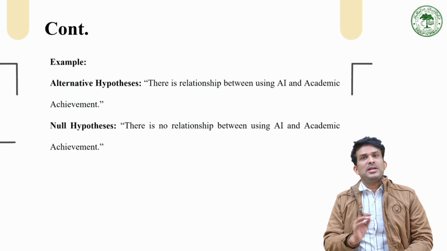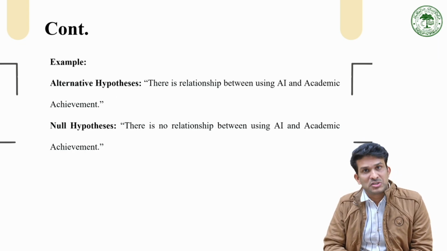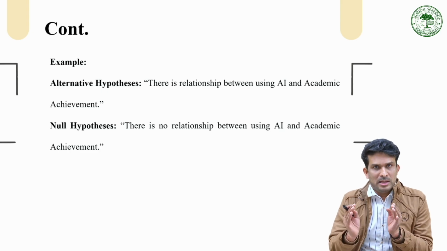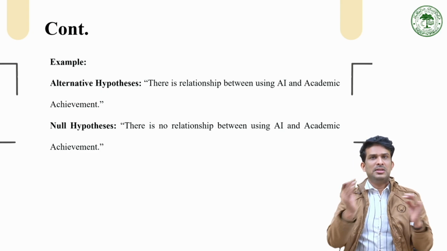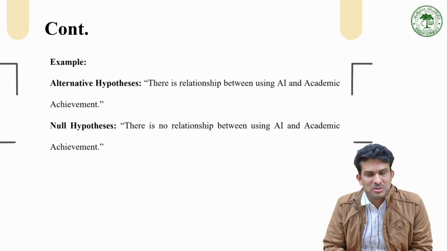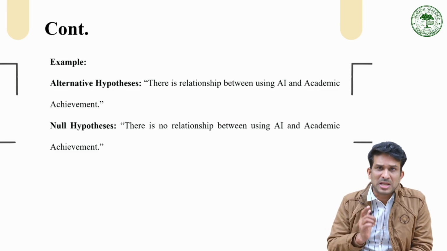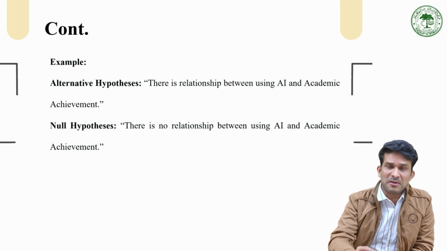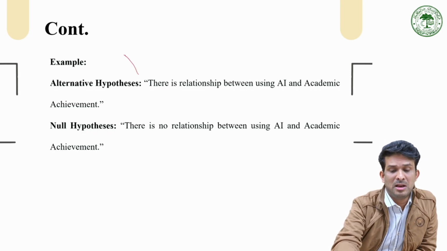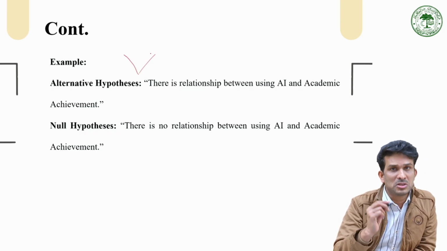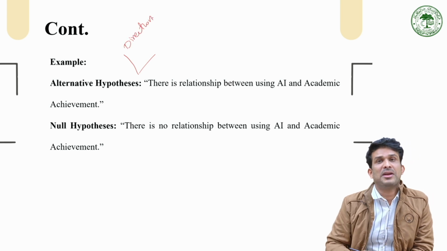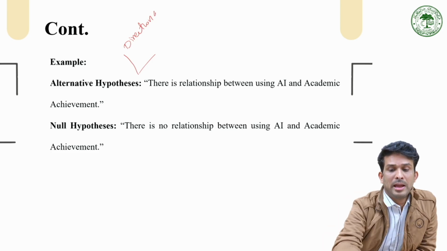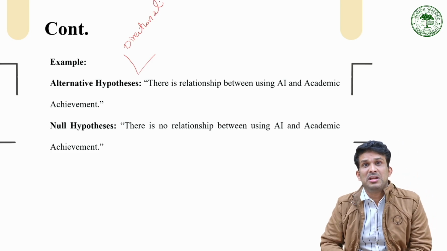We have two kinds of hypotheses when we discuss null hypothesis. The main focus of today, that is null hypothesis. The other version, that is alternate hypothesis. Alternate hypothesis can be of two kinds, as we have discussed in the previous lecture as well. There are two possibilities. We have directional hypothesis, that is there is a significant difference between A and B with positive impact.